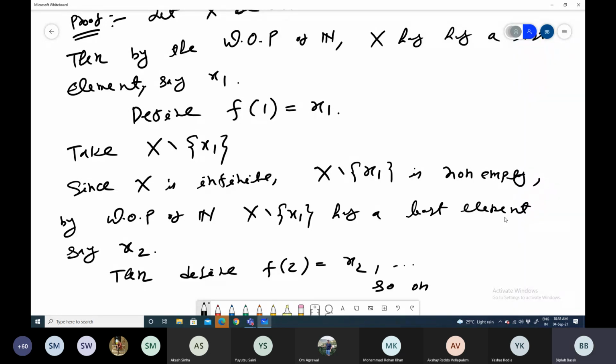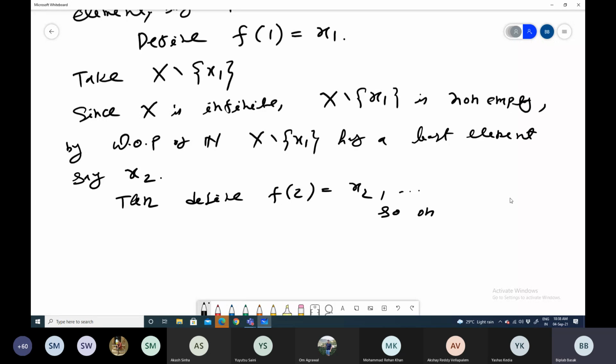Okay, and note that by construction, you can check that x1 less than x2 less than x3, x4 and so on. Why? Because x1 is the least element of x and x2 is the least element of x minus x1.